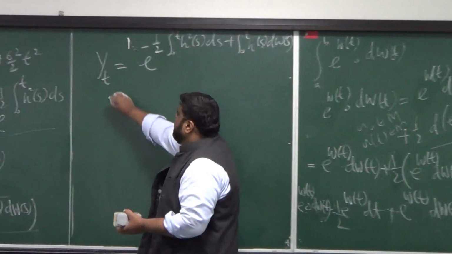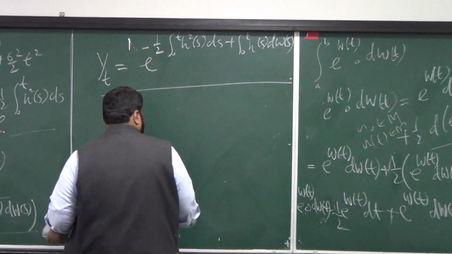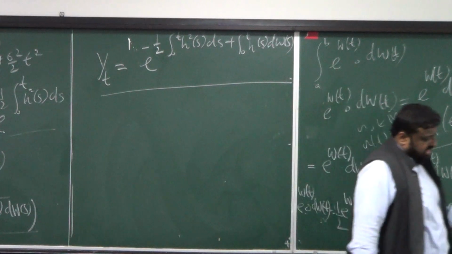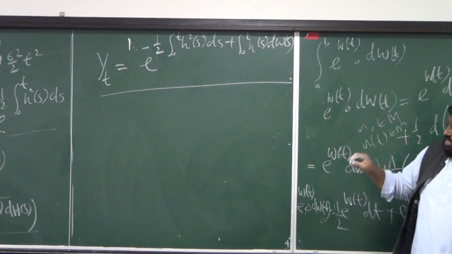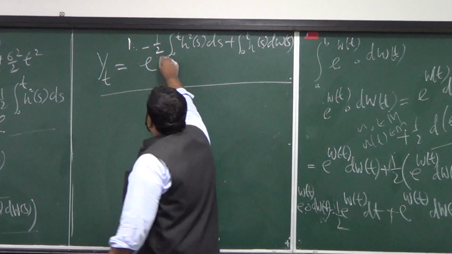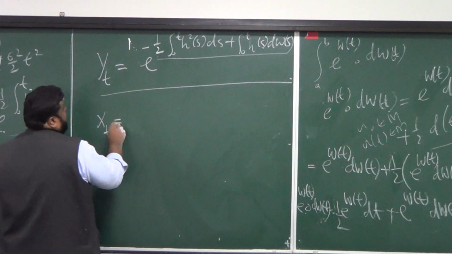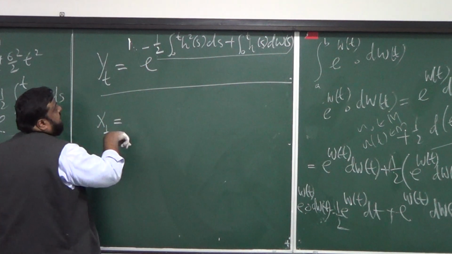Now, I have this process Yt, but let's look at this Yt from another perspective, okay? And I think I discussed this example again. So let's give this guy a name. Let's call this process Xt.